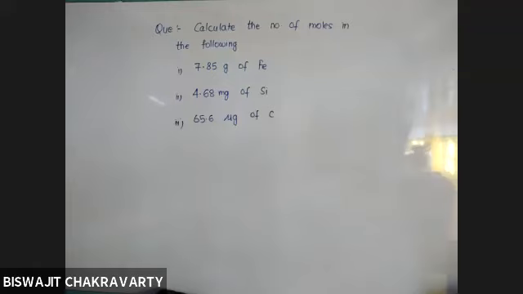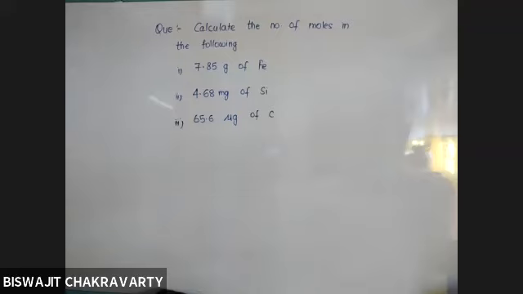If it is not in grams, it must be converted to grams. And what should I divide these numbers with? Molar mass. All the numbers should be divided by the molar masses. Now, because all of them are atoms, it will be their gram atomic masses. Are you familiar with gram atomic mass of iron?